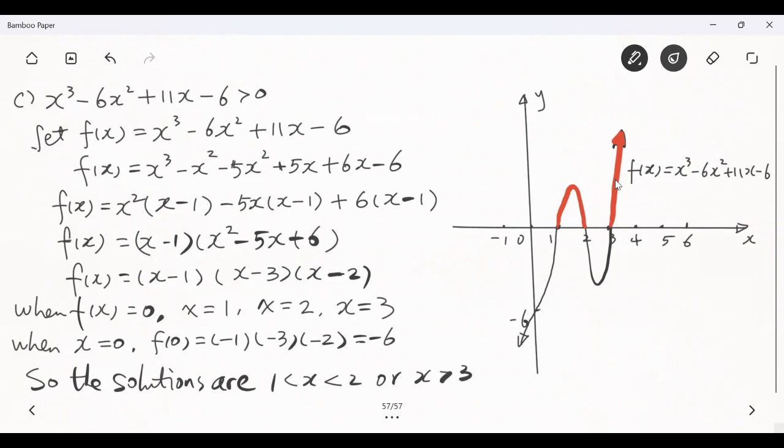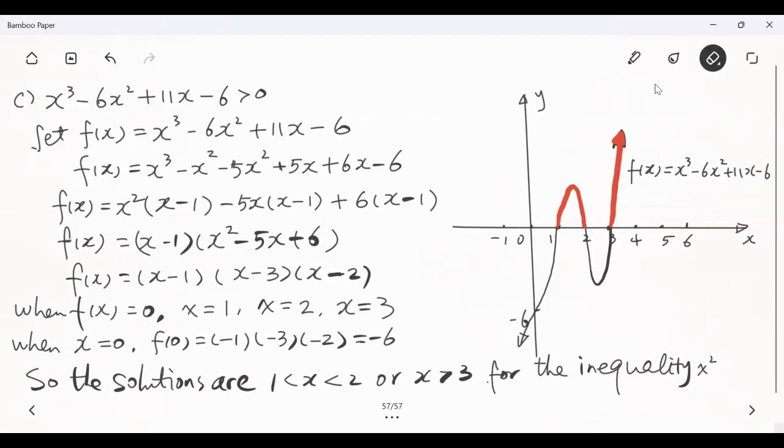And it's not including 0, so it's not putting the boundary for the inequality. Okay, x cubed minus 6x squared plus 11x minus 6 more than 0. Okay, means the answer like that for C.